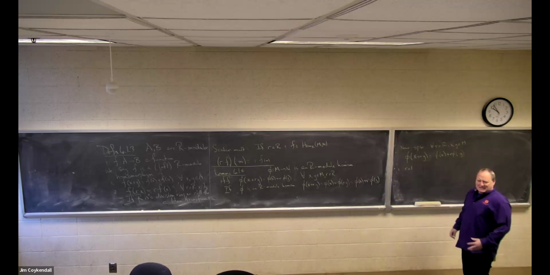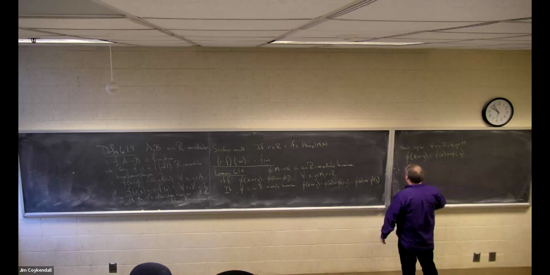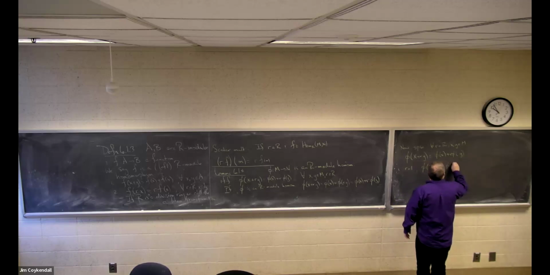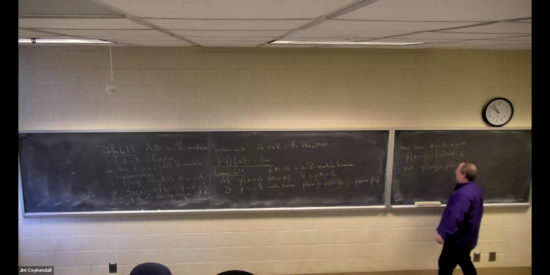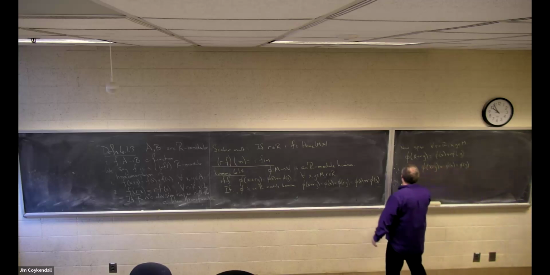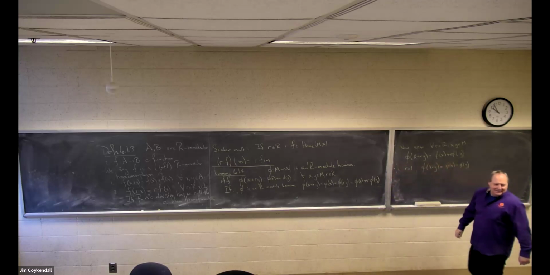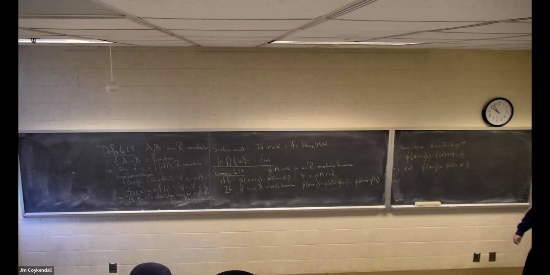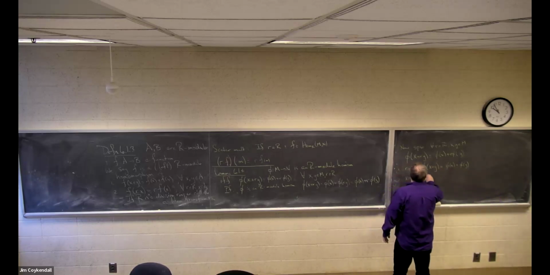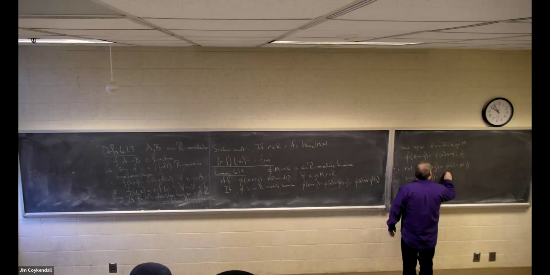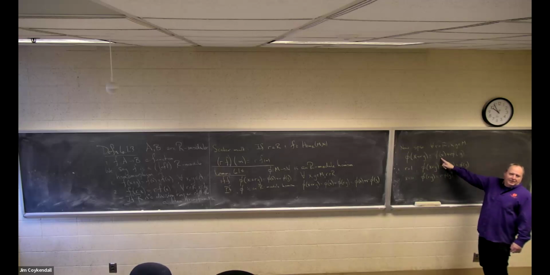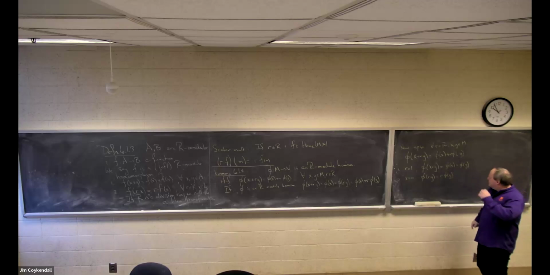Then phi of x plus y is phi of x plus phi of y. That's part one. And how am I going to deal with the other one? Let x be zero. The only thing I really left out is that phi of x must be zero.